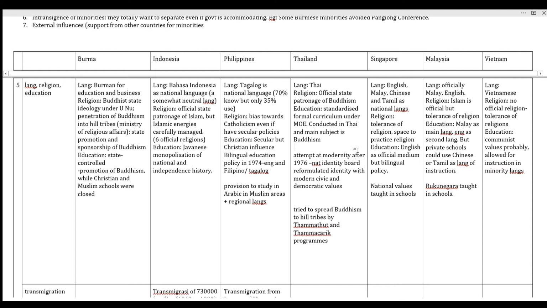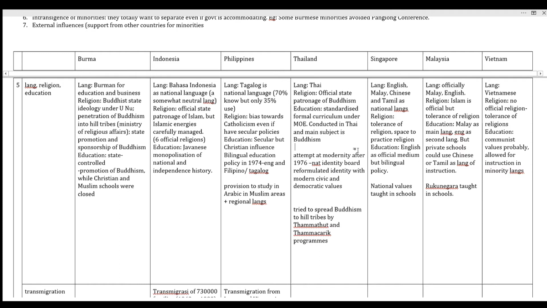Education is state controlled, which means it promotes Buddhism, and the other religious schools were all closed down, and that does not seem like a good idea. If you're promoting one single religion, this is a good way to create some tensions. I mean, it's a reason for creating tensions.